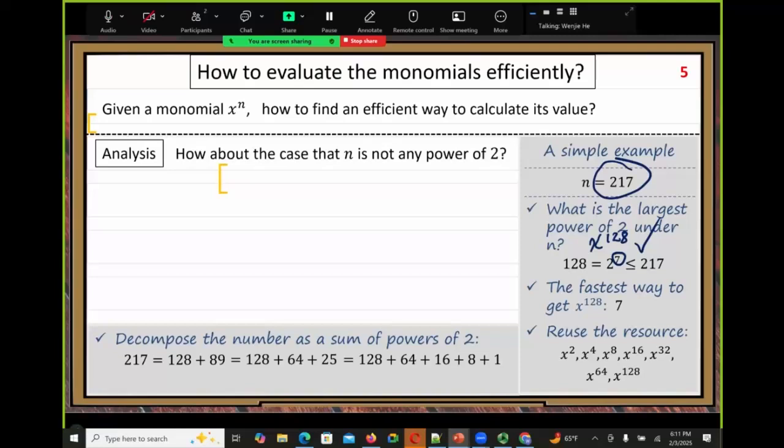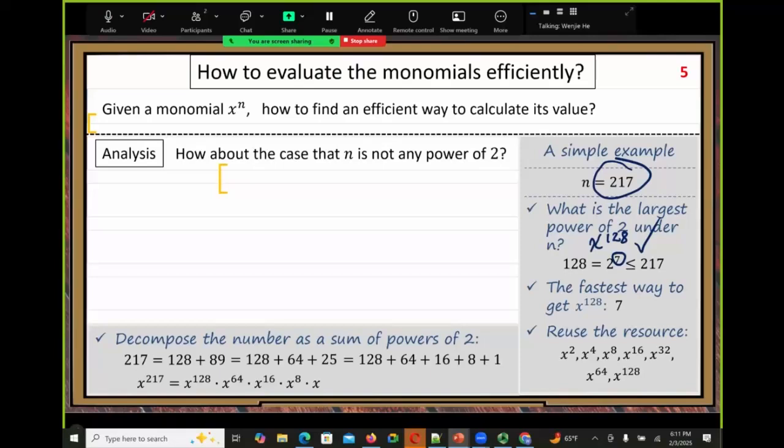Now we're ready to write our final expression. So x to the 217, this whole monomial, we can write as a multiplication of these power-of-2 expressions: x to the 128 times x to the 64th, times x to the 16th, times x to the 8th, times the last one, x.